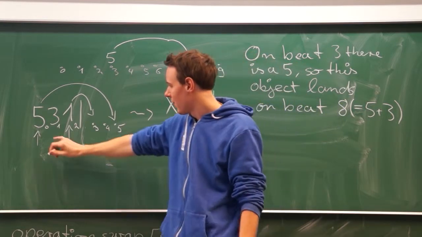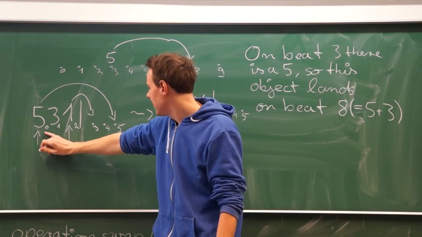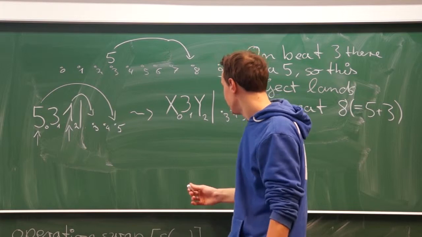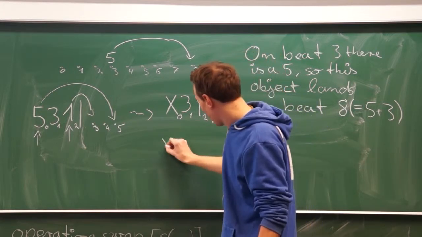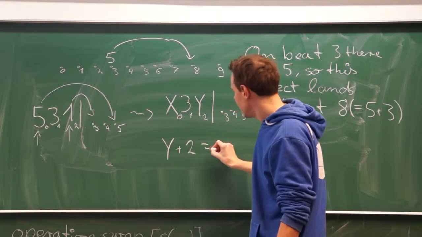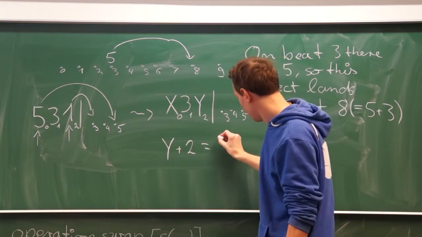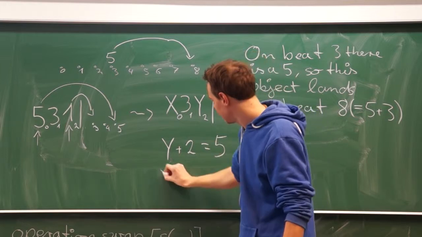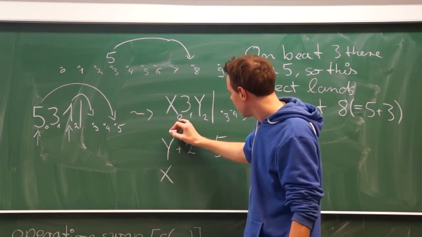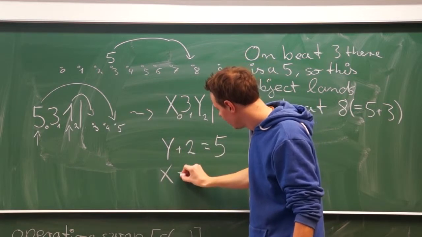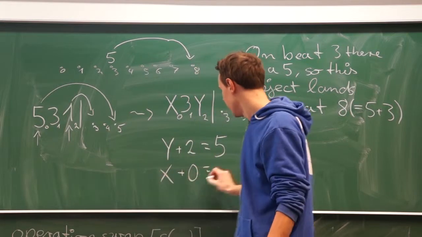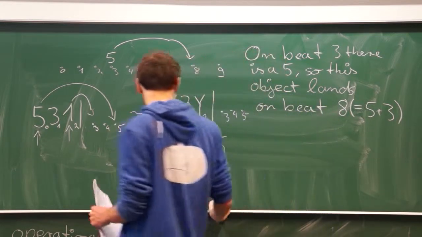So this here will land at beat 5, because 5 plus 0 is 5. So I want this here plus 2 to also be 5. Right? And I want my x, this is starting at beat 0, so it's plus 0, and I want it to land on beat 3. So this has to be 3.